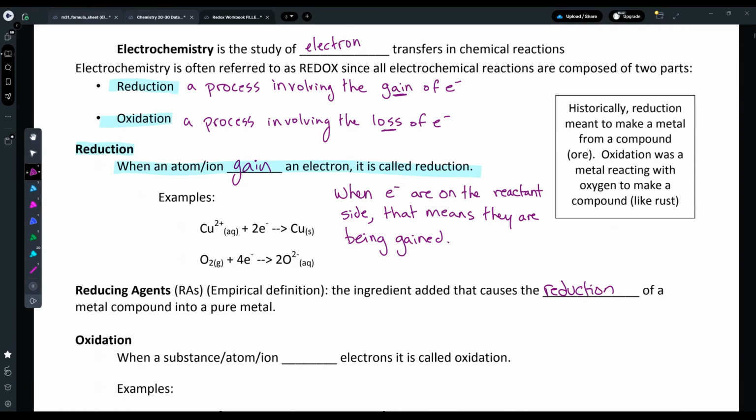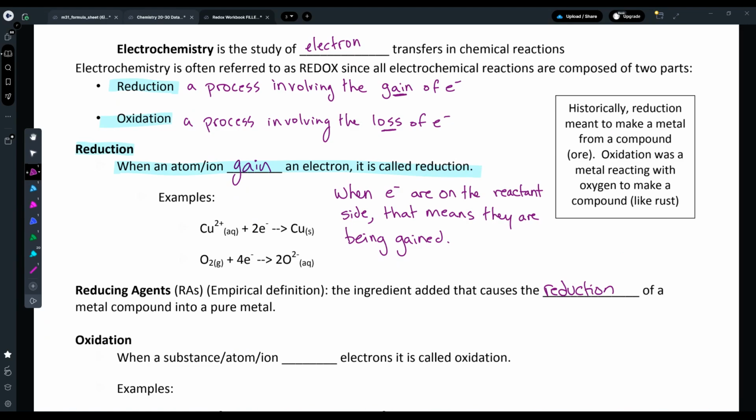Historically, reduction meant making a metal from a compound, which in this case would have been an ore. So that's why we say that reducing agents are the ingredient that you add that causes the reduction of a metal to make a pure metal out of that ore. So that's historically what it meant.